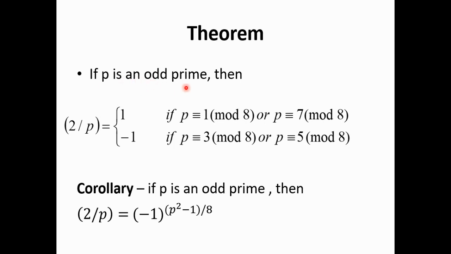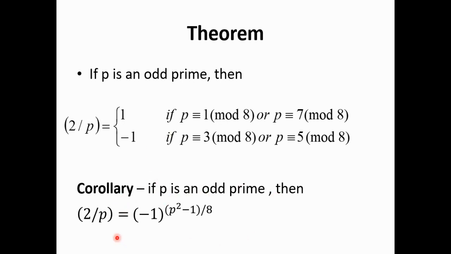If p is an odd prime, then 2 upon p, this Legendre symbol, has value 1 if p is congruent to 1 modulo 8 or p is congruent to 7 modulo 8. In both the cases, 2 upon p has value 1. And 2 upon p has value minus 1 if p is congruent to 3 modulo 8 or p is congruent to 5 modulo 8.